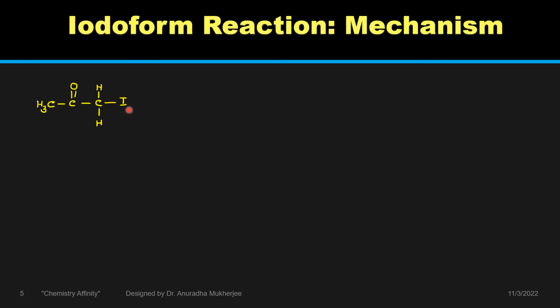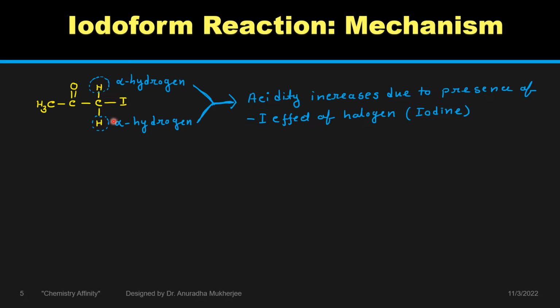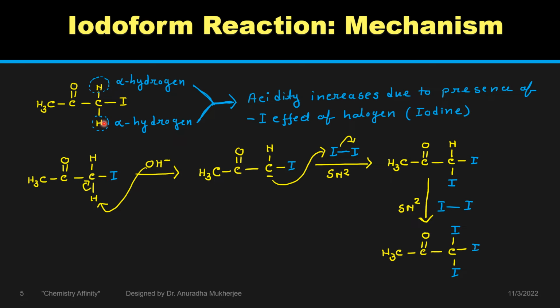CH3COCH2I, these two alpha hydrogens are more acidic because these two alpha hydrogens are present between two electron withdrawing groups, carbonyl and iodine. Now again deprotonation takes place and nucleophilic center generates here.